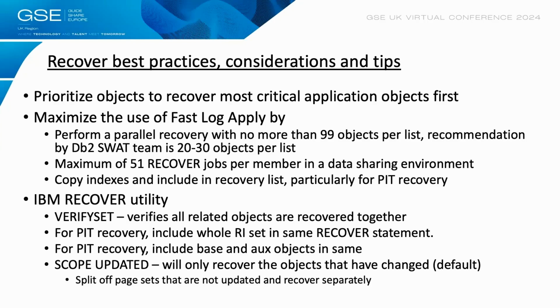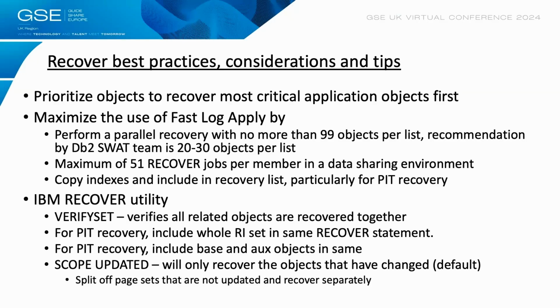Just fast log apply. So as part of Db2, under John Campbell and lately Anthony, right? They recommend 20 to 30 objects per list. The fast log apply is a portion of memory that's, I think, in 10 meg slots.